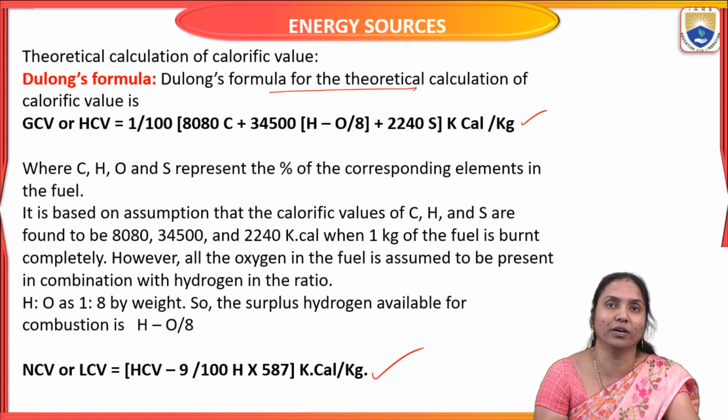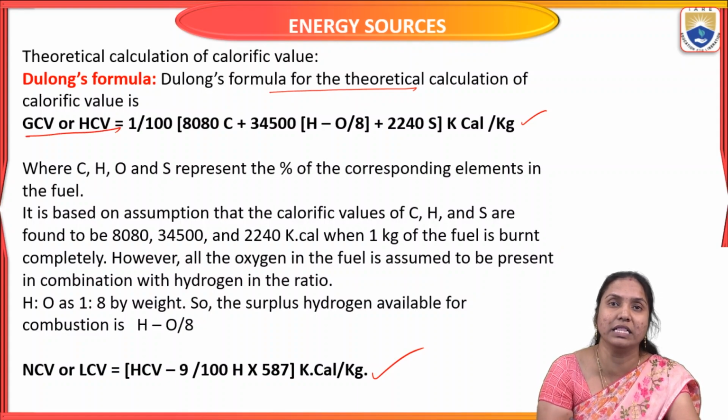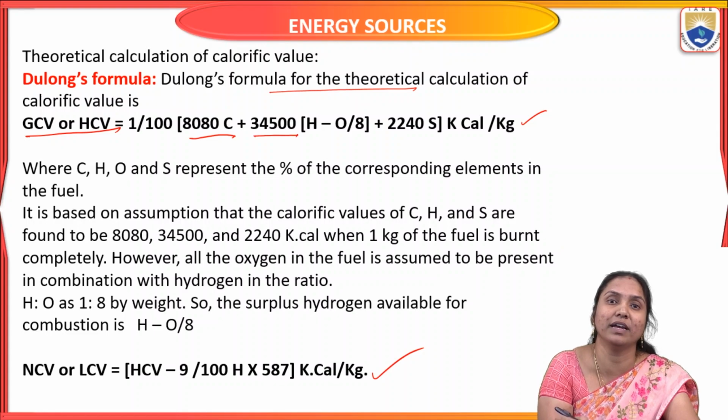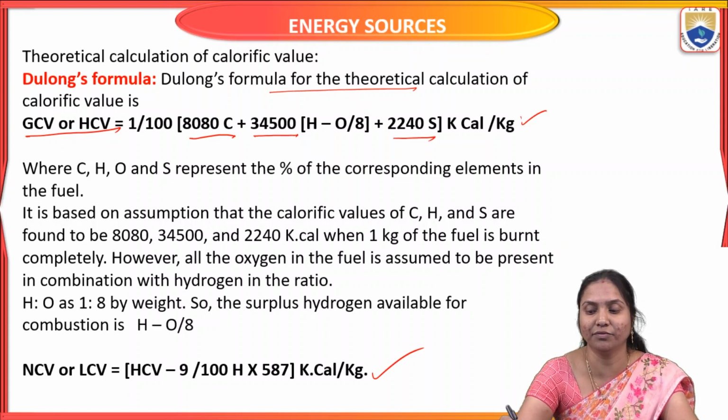According to Dulong's formula, GCV or HCV, gross calorific value or high calorific value, equals 1 by 100 into 8080 C plus 34,500 (H minus O by 8) plus 2240 S kilocalorie per kg. This formula is generally used for calculating high calorific value.